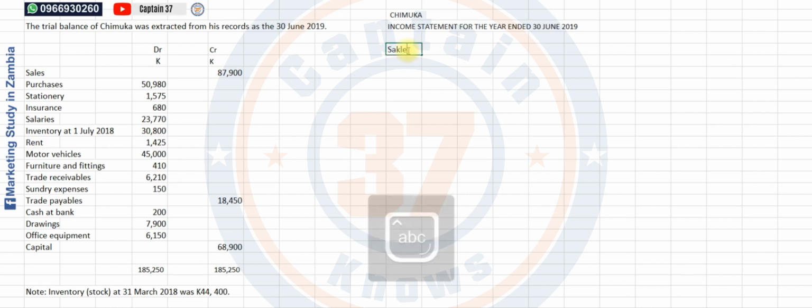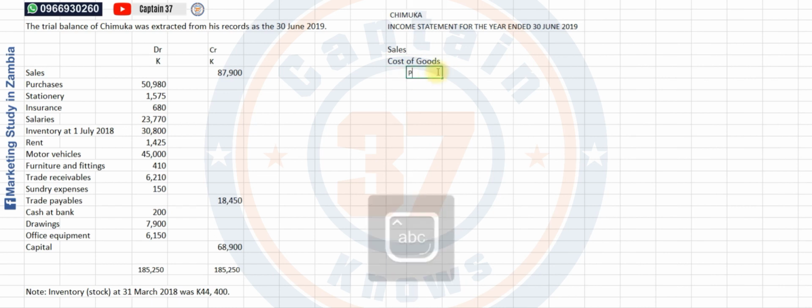What do we start with? We start with our sales. That's how an income statement starts. Then under sales, there's cost of goods. Cost of goods is made up of purchases. Actually I'll write add purchases, then add opening stock.